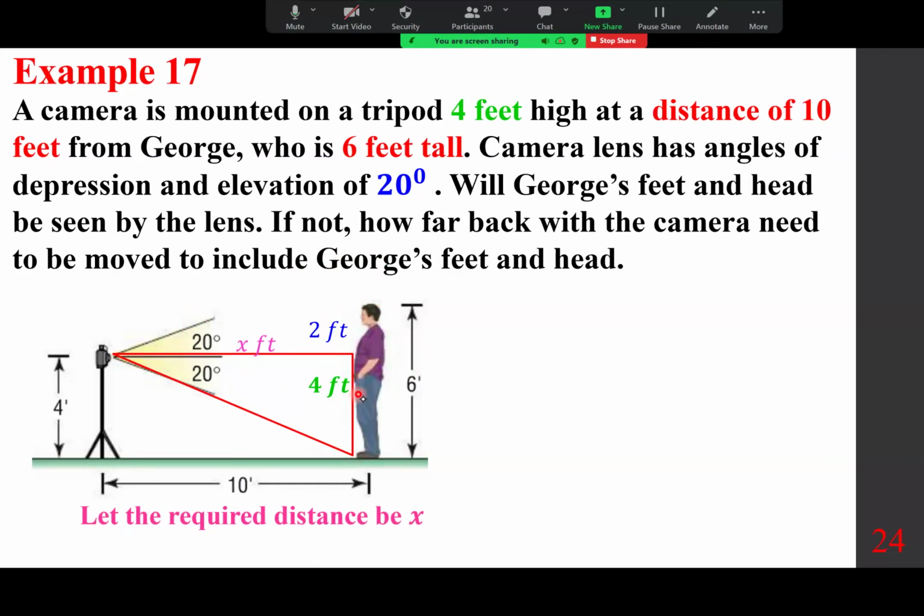So that's why we have to go with this. The reason we have to go with this, because this is given, this is fixed. So tan of 20 degrees is the opposite, which is 4 over the adjacent, which is missing x. 4 over x.